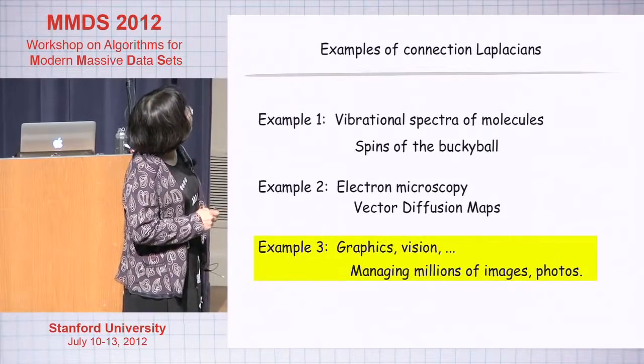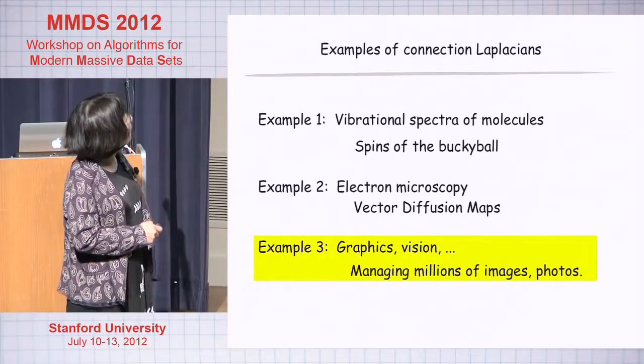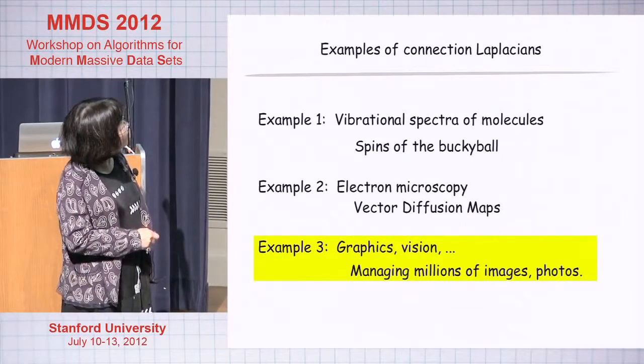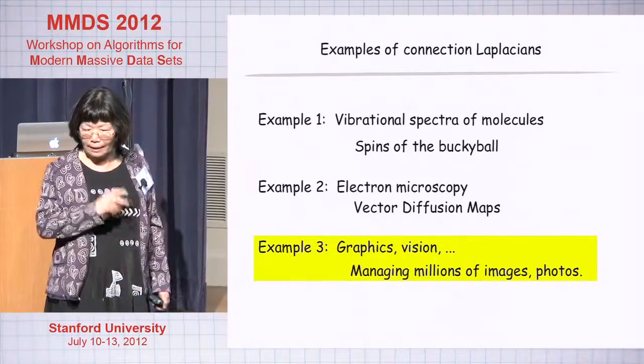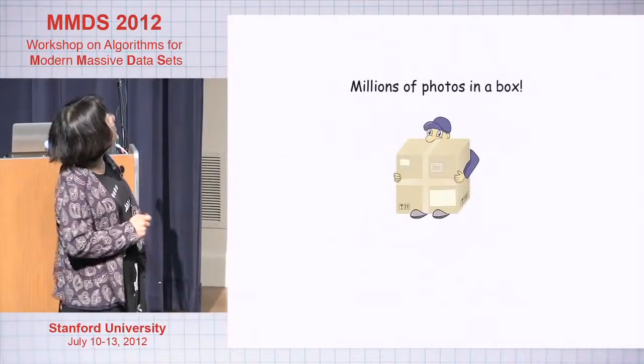I think I'm just going to end by mentioning some more applications. Since then, I keep going to talks and keep finding more and more applications for these vectorized Laplacians.